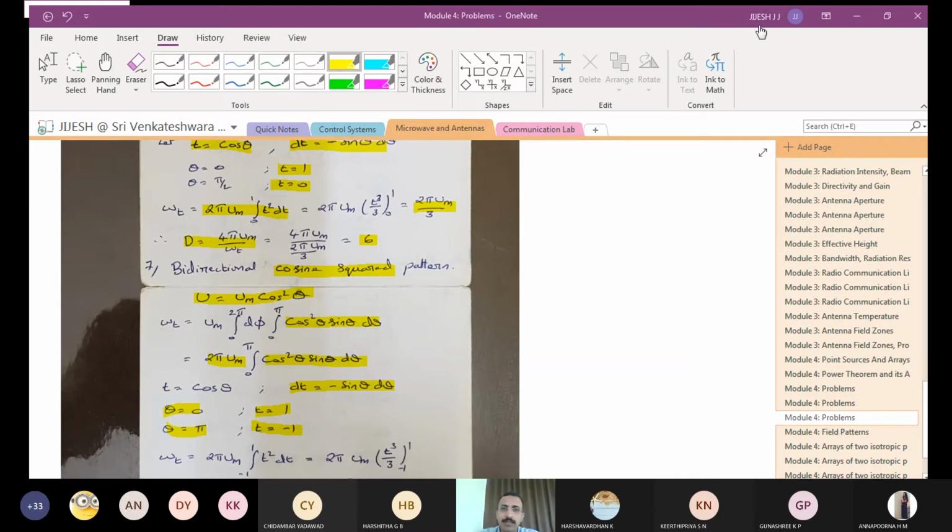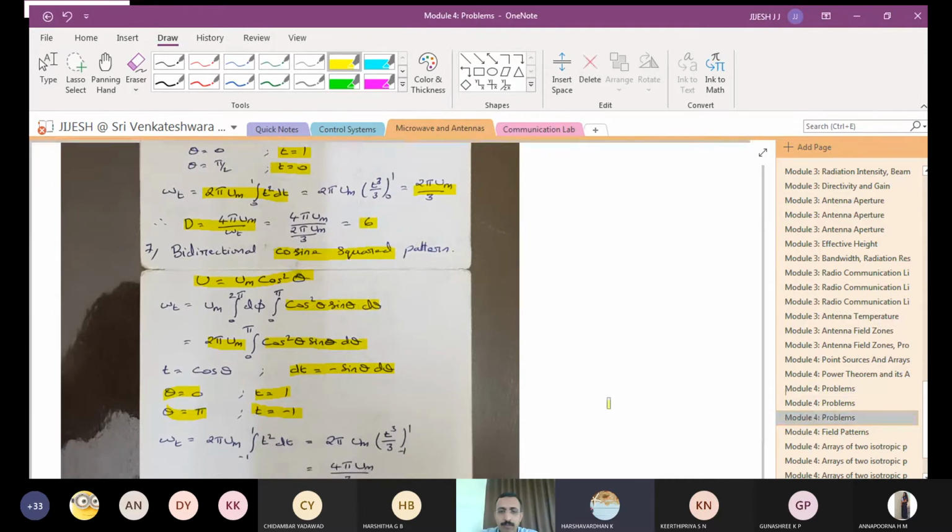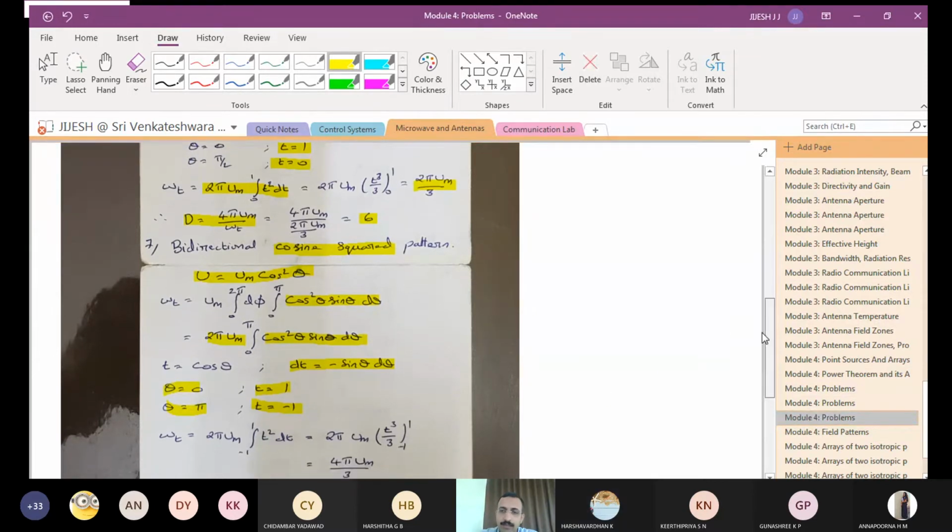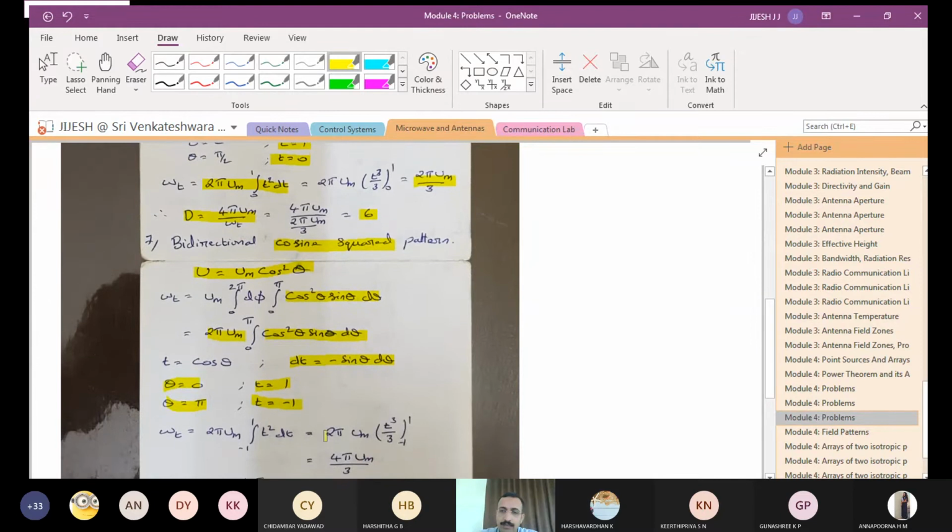Once you complete it, just let me know the answer so that we can proceed further. 4 pi by 3, sir. 4 pi by 3, correct answer. So when you substitute for directivity, you need to substitute 4 pi divided by Wt. Wt is 4 pi by 3. So finally you will end up with directivity is 3. Sir, 3.